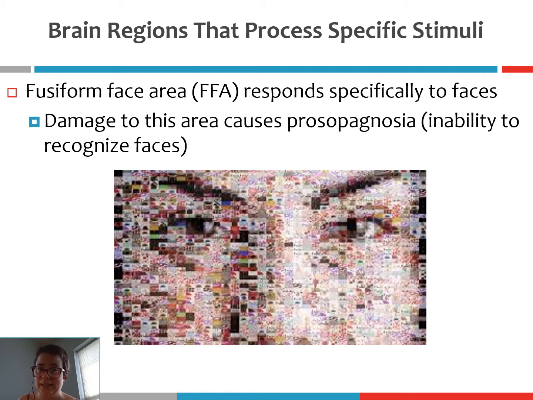But interestingly, when you showed pictures of birds to bird watching experts and non-experts, they found that the bird watching experts did show increased activation in the FFA, whereas novices or non-experts did not.